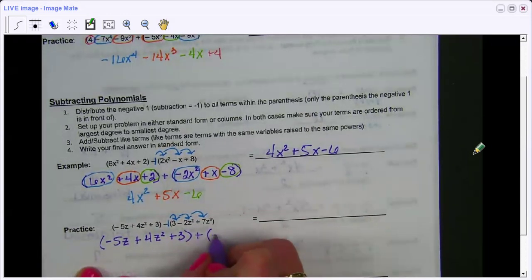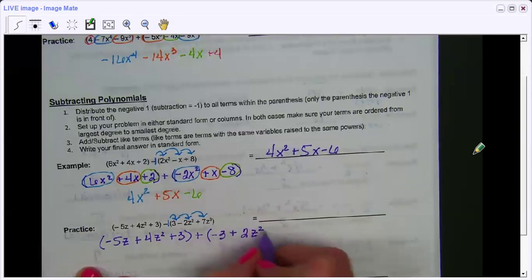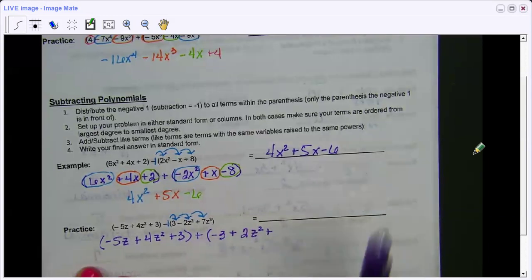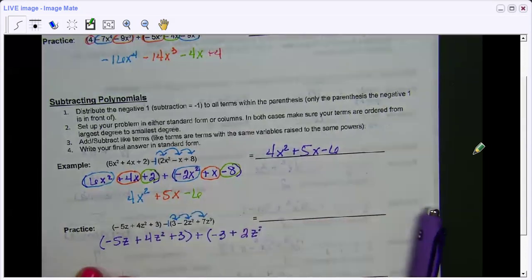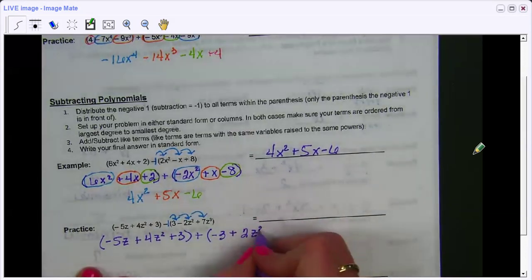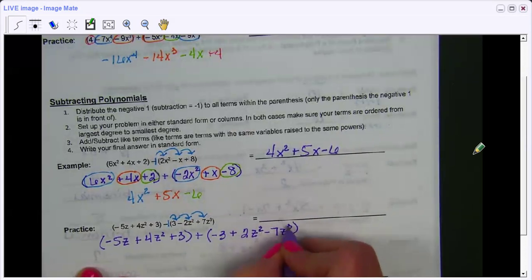And I end up with -3 plus 2z squared plus, oops, not plus, hold on, minus, if I'm distributing a 2, minus 7z cubed. Okay.